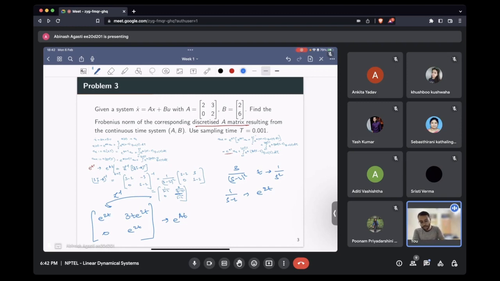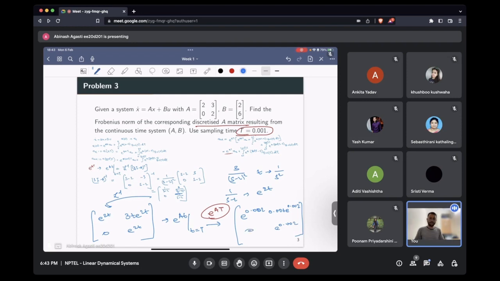But remember, what did we need for the discrete thing? e to the power AT, where T is the sampling time. That was the discretized A matrix, right? So in this t, we will just plug in capital T, and the resulting matrix that we get, with T equal to 0.002, is 0.006 into e to the power 0.002 and e to the power 0.002.